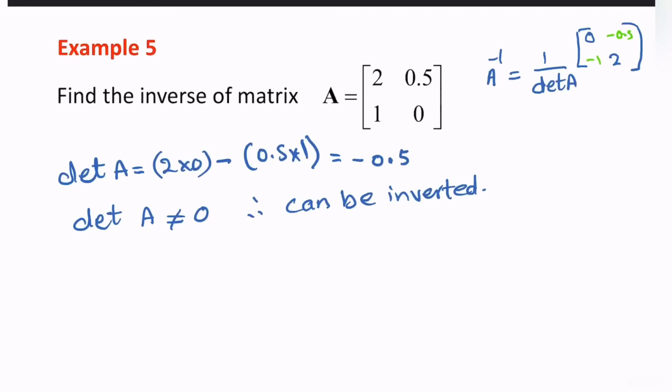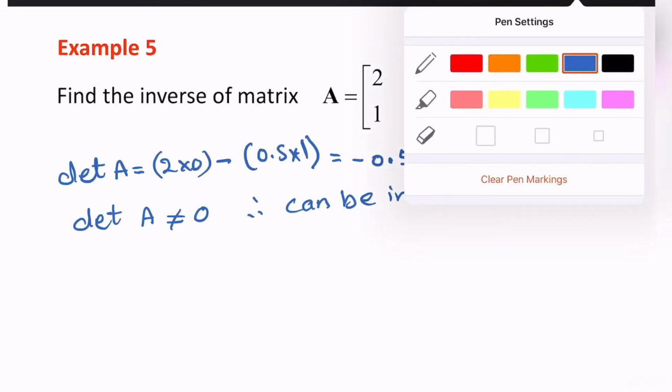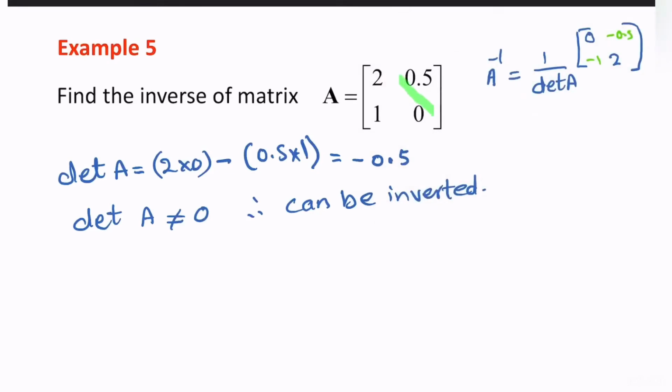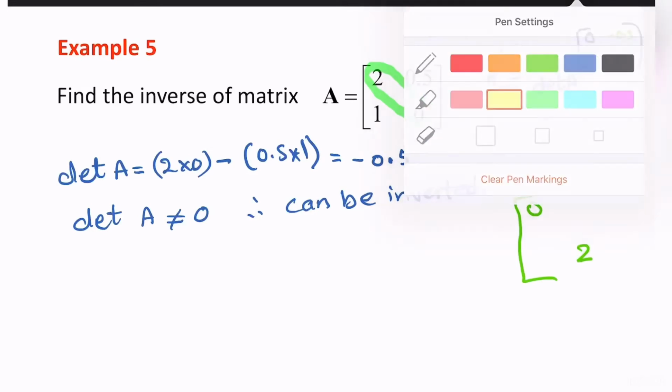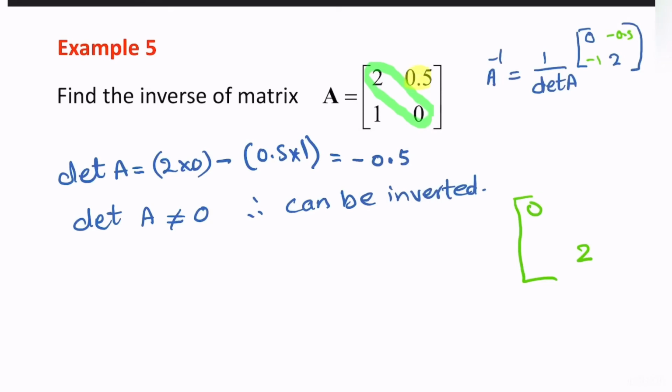Right. So the next thing to do is changing the other matrix. So what we need to do is change, as I said, we swap the places of these two elements of this diagonal. So this is going to be 0 and 2, and also we need to change the sign for these yellow ones. Okay, change their sign.